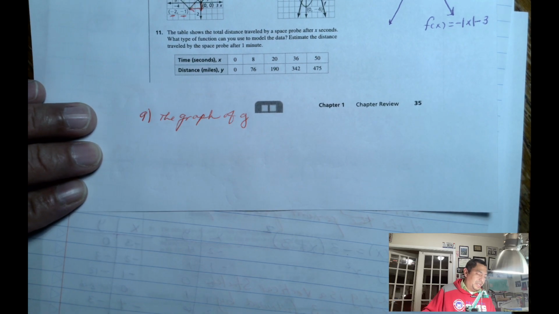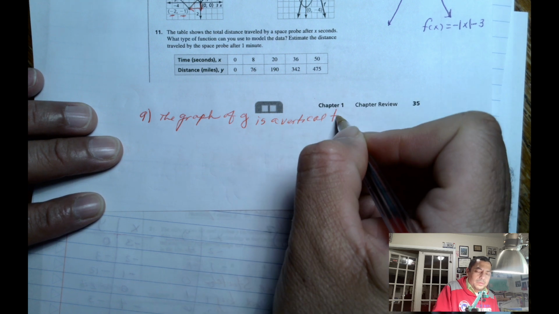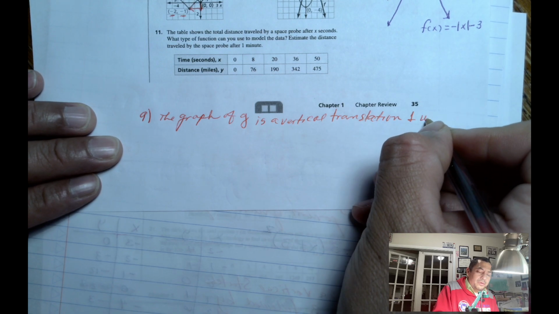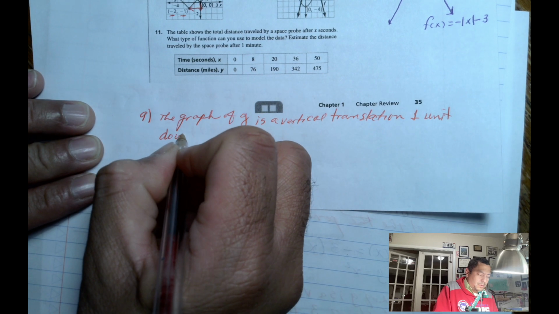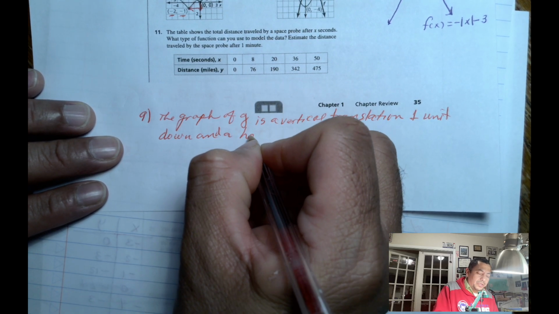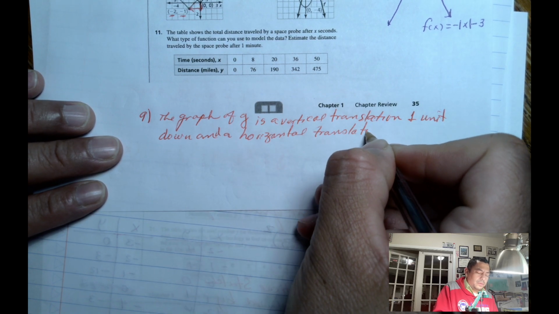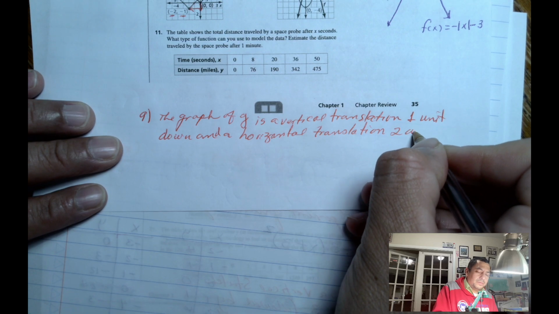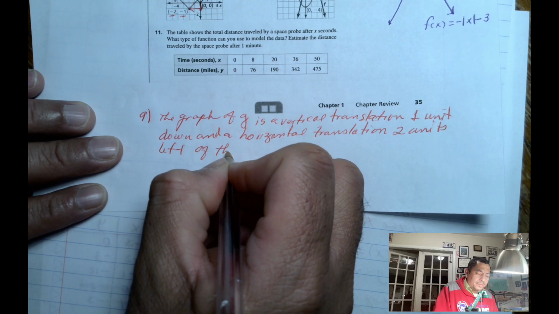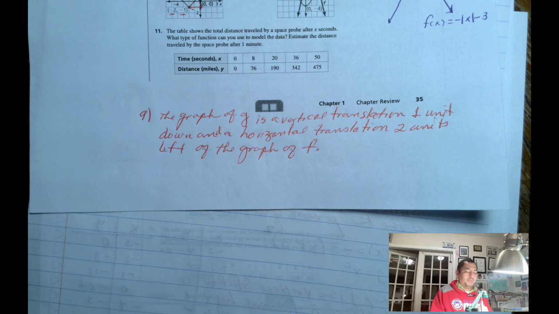Okay, the graph of g is a vertical translation, 1 unit down, and a horizontal translation, two units left of the graph of f. Okay, that will be the solution for problem number 9.